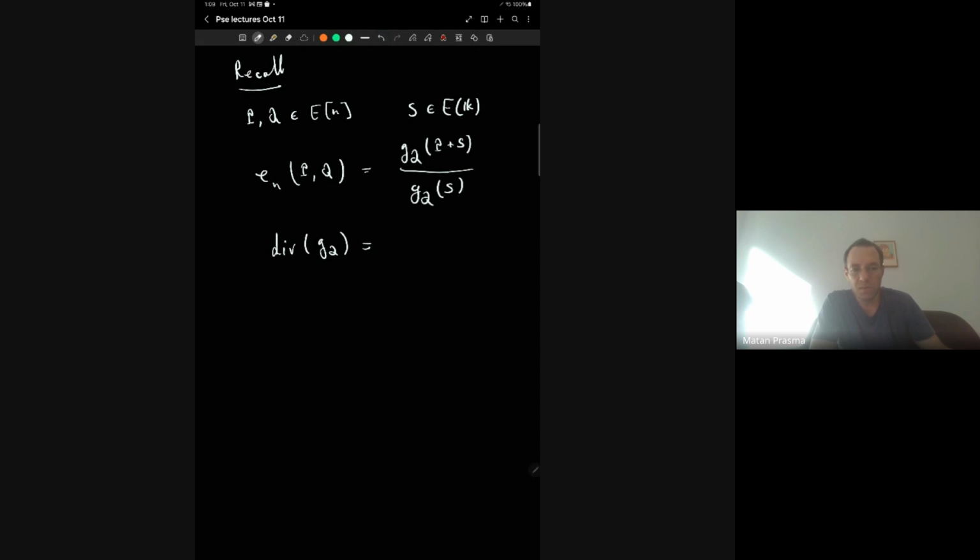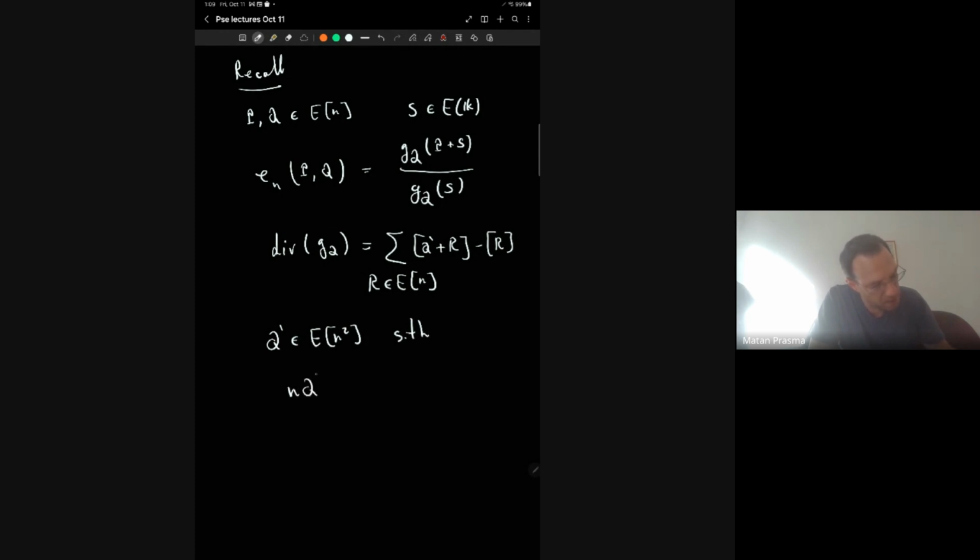The divisor of g_Q needs to be the sum over all n torsion points R of [Q' + R] minus [R], where Q' is an n squared torsion point such that nQ' is Q. But this is not so easily computable.